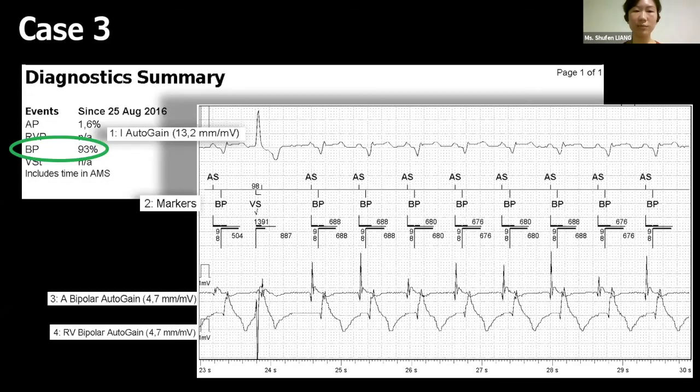And BiV pacing, we would want it to be almost 99%, but she's got 93%, but it's okay because she's got some PVCs, so that might be accounting for the slightly lower BiV pacing.